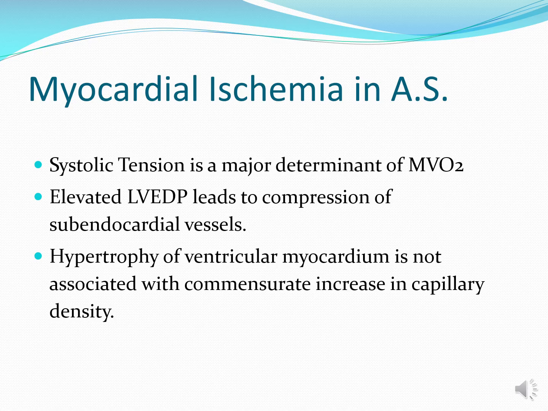The final cause would be the lack of commensurate capillary multiplication with the development of hypertrophy. So we'll have less capillaries per unit of muscle, and this also will affect myocardial perfusion.